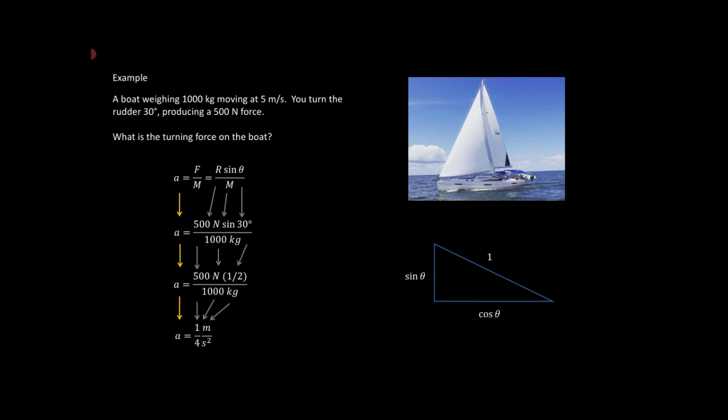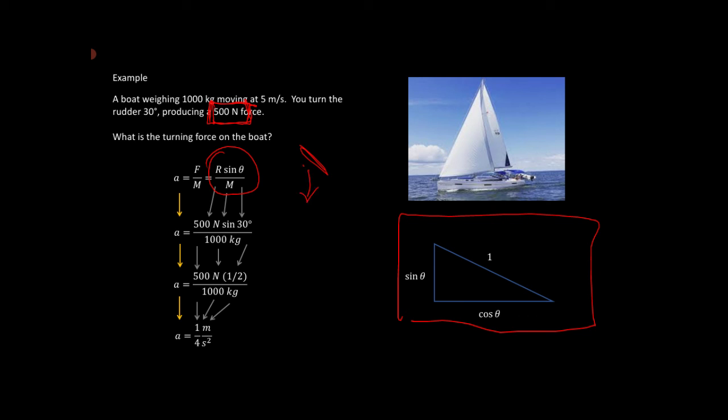So how did we do this? First we had to figure out the component of the force using trigonometry, because we knew the net or the total value of the force. As the rudder is pointing this way and you have different parts of the force pointing in different directions, we only want this part of the force. We don't want this part.